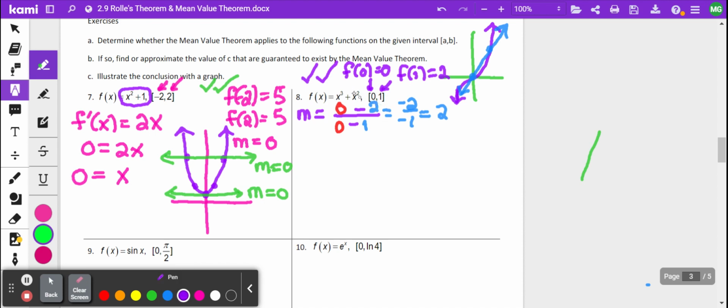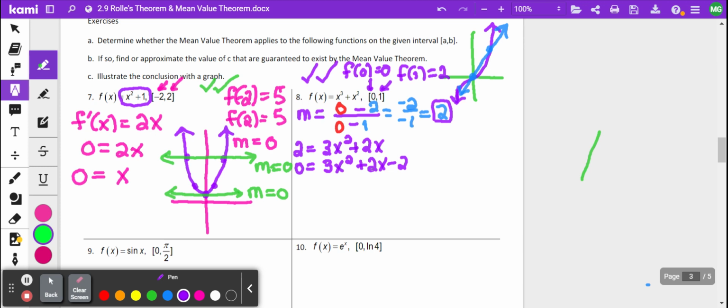So we're going to take the derivative of this function and set it equal to 2. I'm going to do it right now. 2 equals 3x squared plus 2x. In order to solve this, because it's a quadratic, of course, we set it equal to 0 and we factor. But guess what? This doesn't factor.